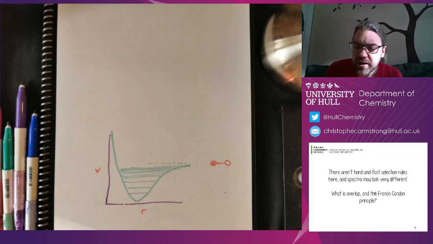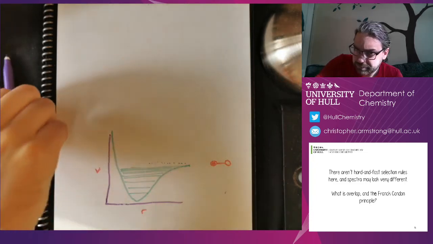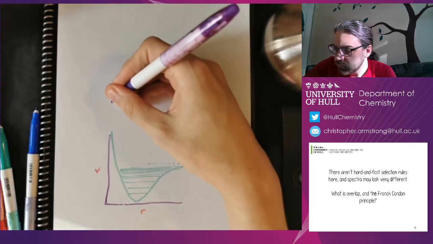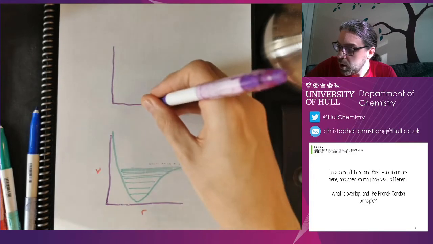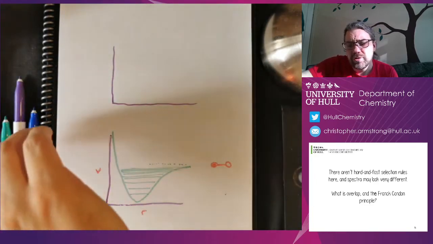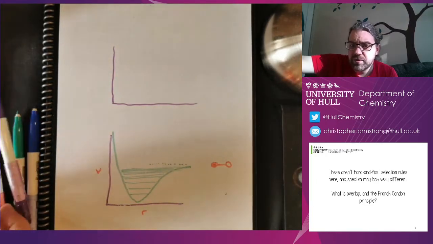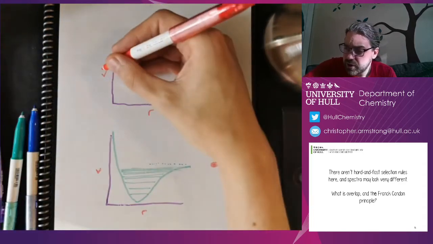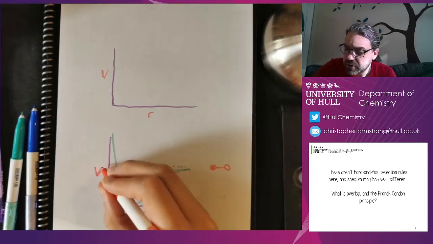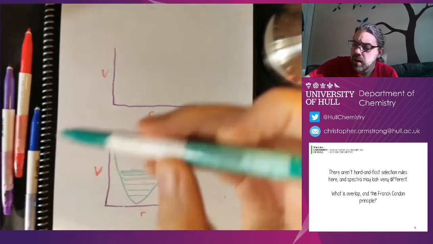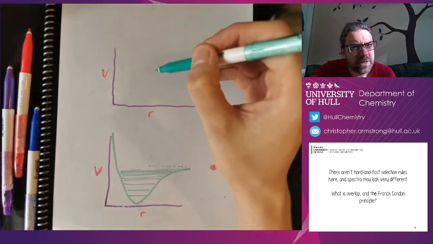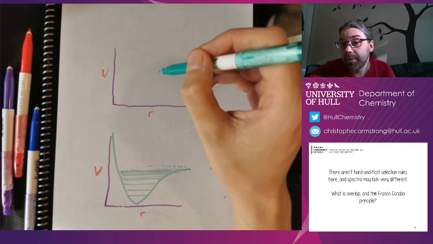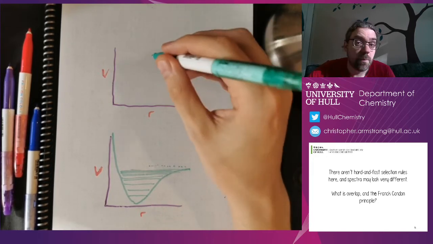So if we change the electronic structure, I'm going to draw a new potential up here. This potential could in fact look completely different. We could have the same coordinate, same potential energy. So these should be capital V's for potential energy, shouldn't it? And maybe the equilibrium bond length has changed. Maybe the dissociation limit has changed.